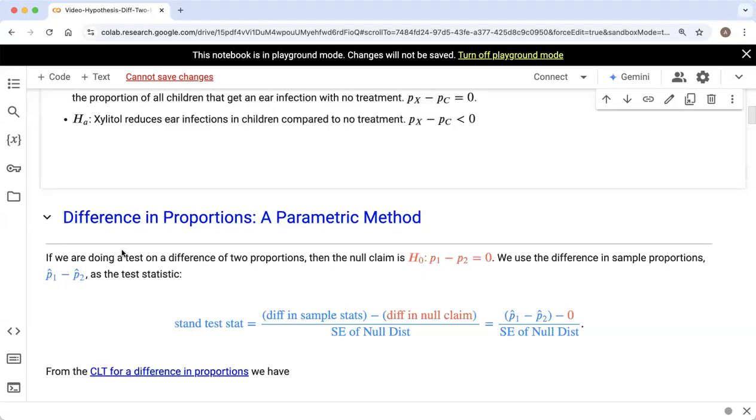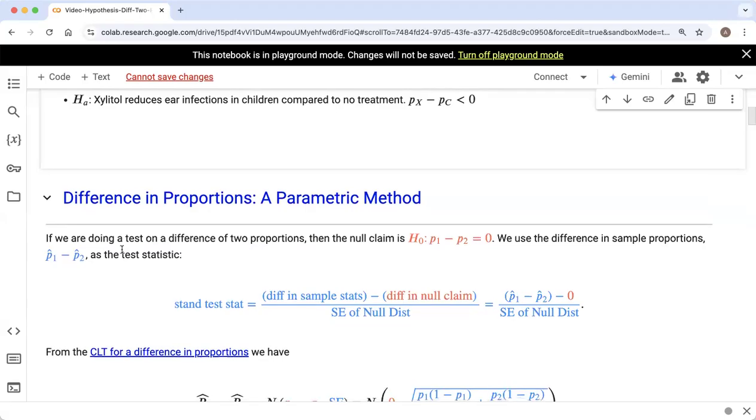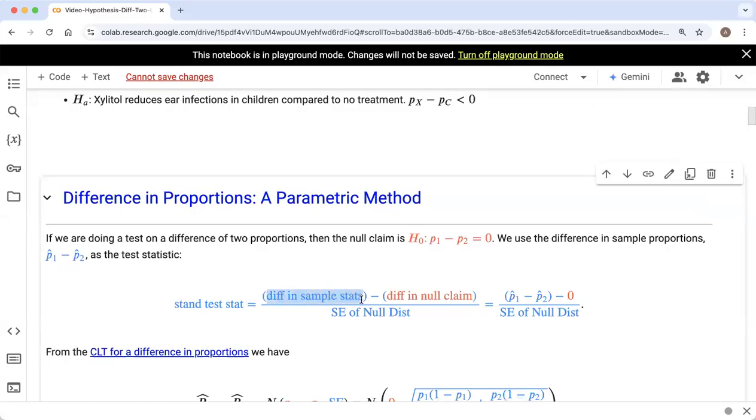So the central limit theorem gives us a way of describing the distribution of sample proportions, the difference in two sample proportions. And we could use that distribution to look at a standardized distribution for the difference in two sample proportions. So in general, the way that we look at these standardized test statistics is we look at our observed difference in sample statistics.